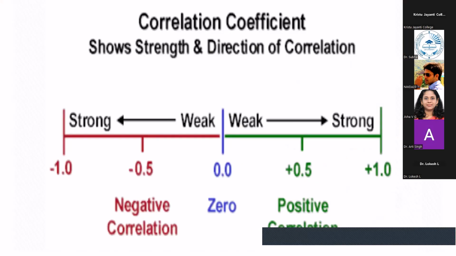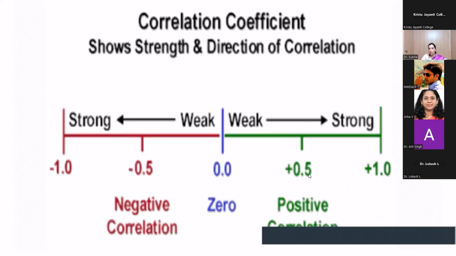Whenever the correlation coefficient value is on the positive side, the value will be between 0 and 1. Whenever the value ranges between 0 and -1, the relationship is called a negative relationship. So there are two types of relationship.